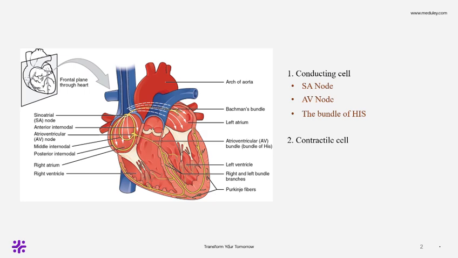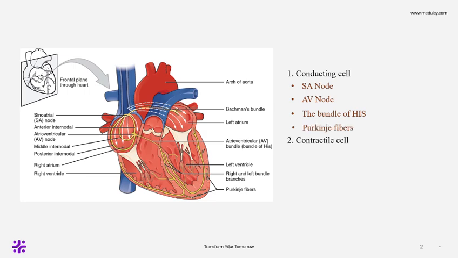As it receives the impulse from the AV node, it transmits this impulse to the left and the right bundle branches, which travel down the interventricular septum, and from the septum it travels to the right and left ventricles respectively, and from there those impulses are then moved to the Purkinje fibers.